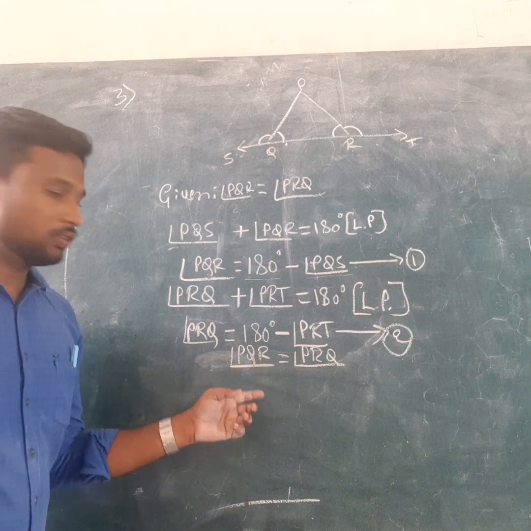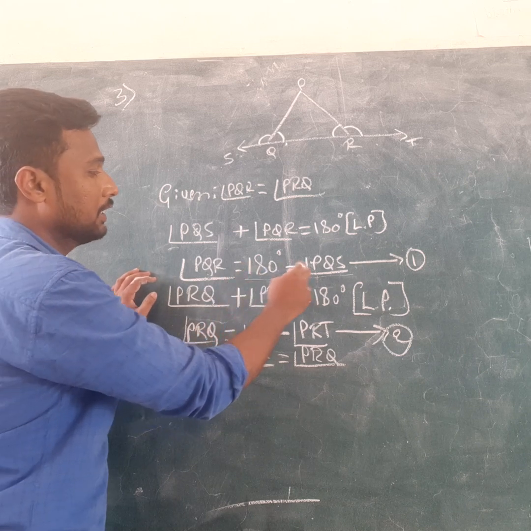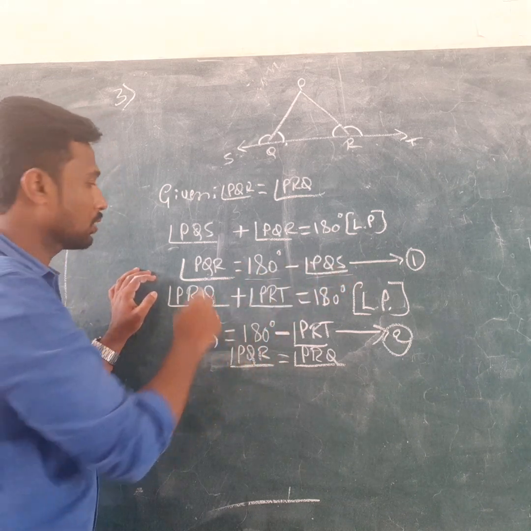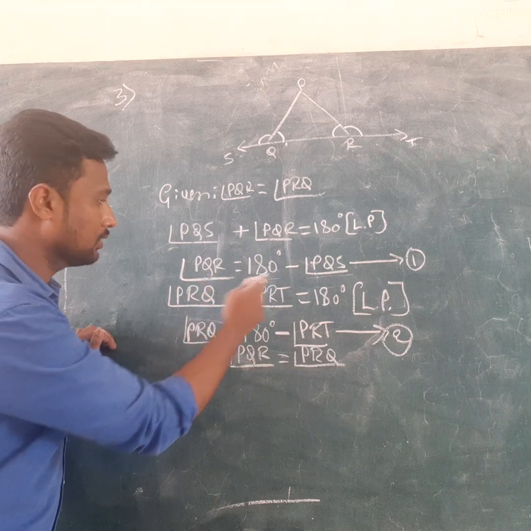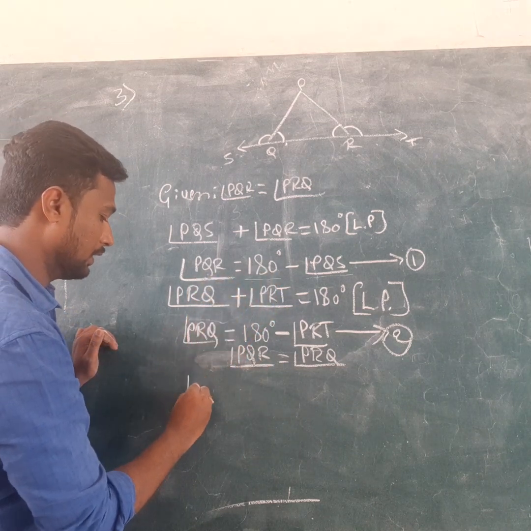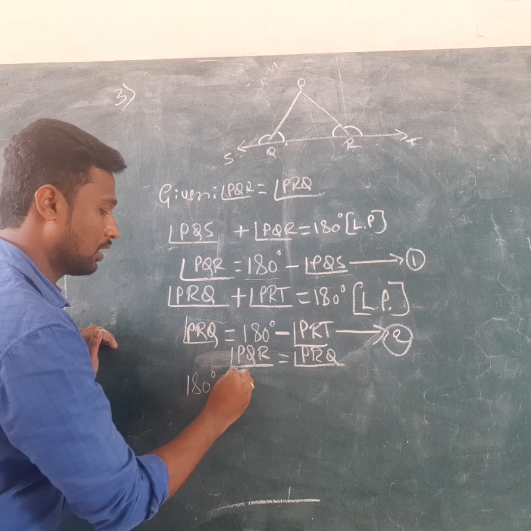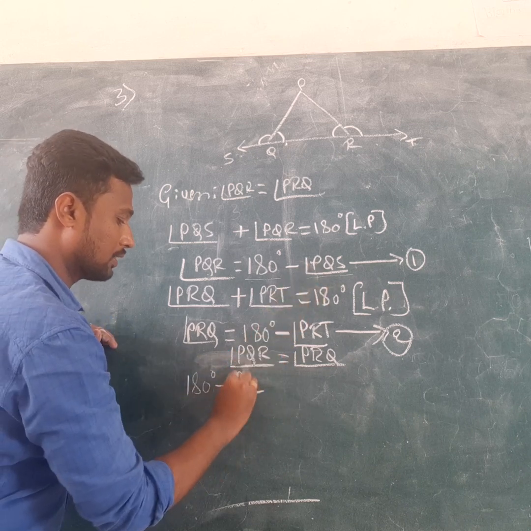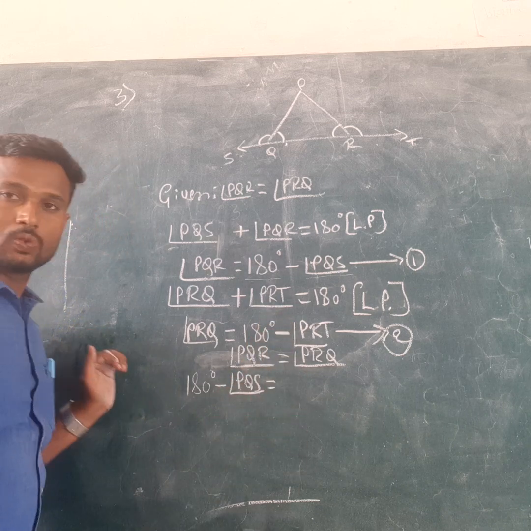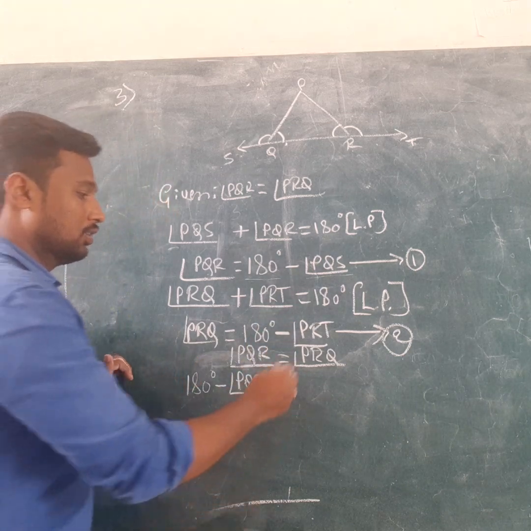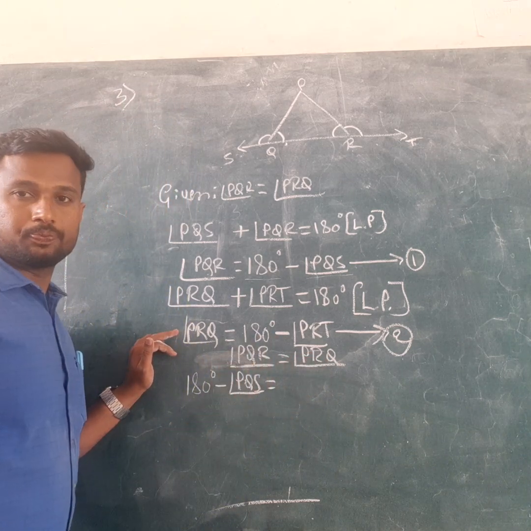In the place of angle PQR I can write 180 degree minus PQS, because from equation 1 we got, angle PQR is equal to 180 degree minus angle PQS. Okay, and here equals to angle PRQ.